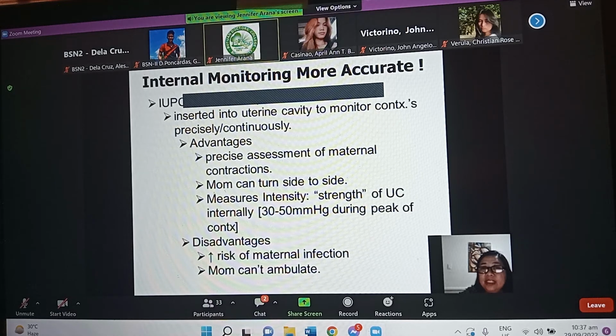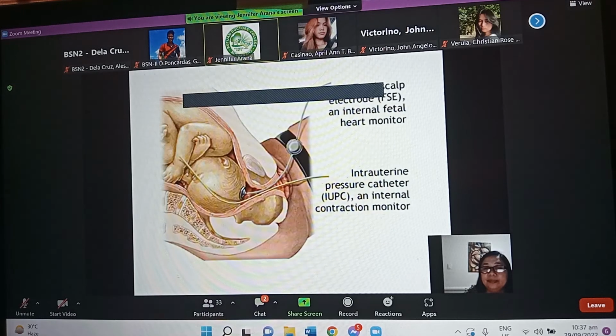The disadvantages of the intrauterine pressure catheter: it increases the risk of maternal infection, and the mother cannot also ambulate. Okay, so this is the fetal scalp electrode, which measures the fetal heart rate internally.